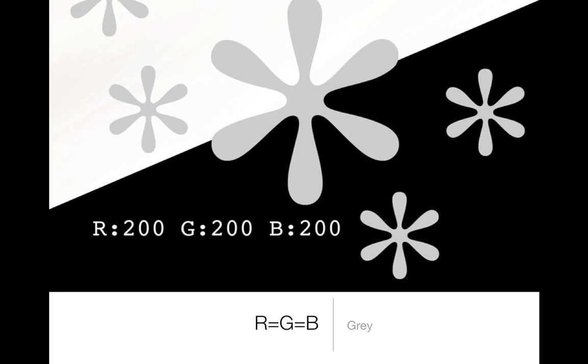When the red and the green and the blue values are equal, you get a shade of grey. Here, they're equal and they're quite high. 200 is up there. So we can see it's quite a light shade of grey. Again, here the red values, the green values, and the blue values are the same. But they're lower, so it's darker.